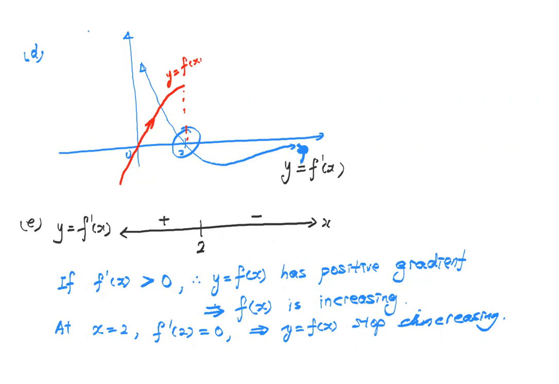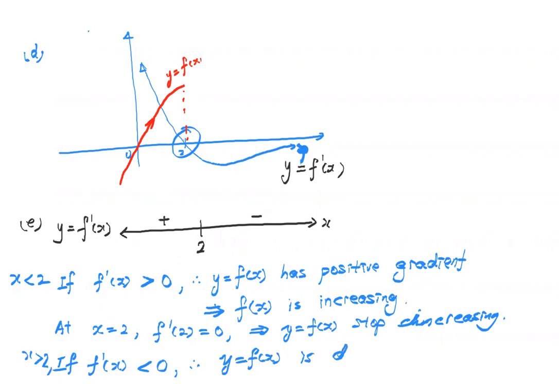Okay, now, this is x less than 2. For x greater than 2, if f prime x is less than 0, what does it imply? It is decreasing, correct?